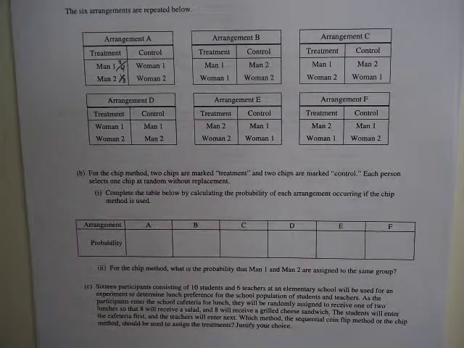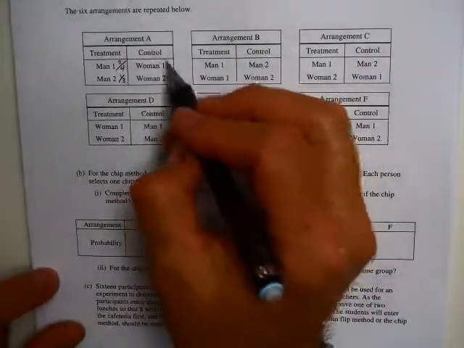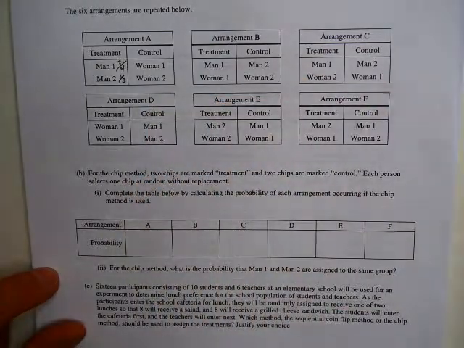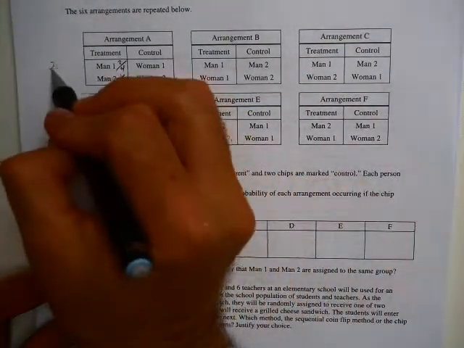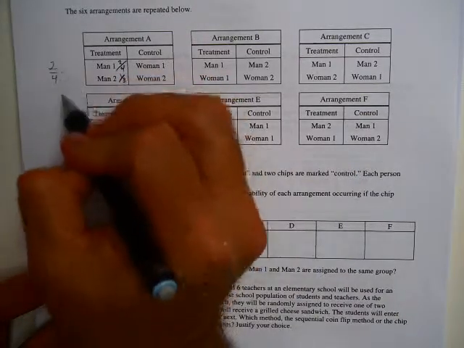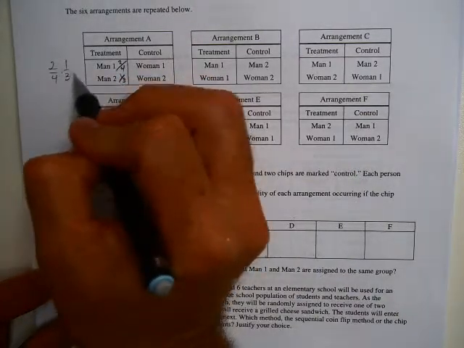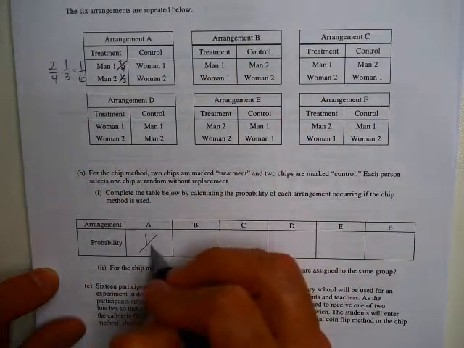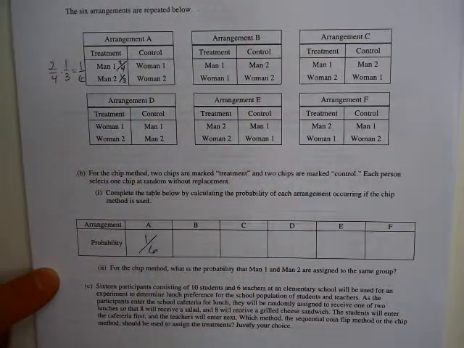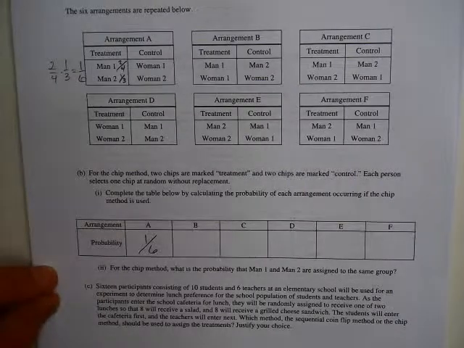The only two chips that are left are both control, so woman 1 and woman 2, there's no real probability there. They're going to get those. So 2/4 or 1/2 times 1/3 is 1/6. So there's a 1 in 6 probability that A happens.